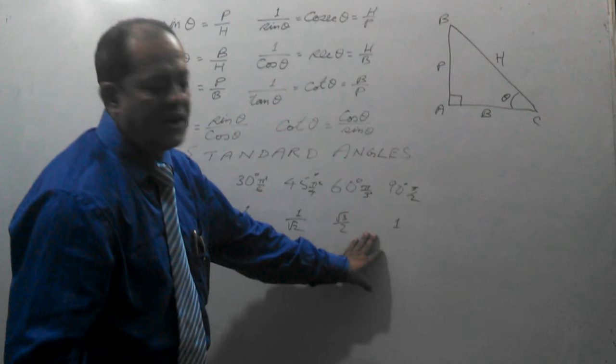Same way, we will see sine A minus B. It is equal to sine A cos B minus cos A sine B.